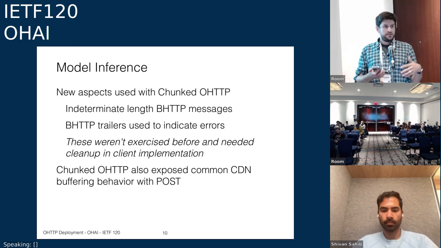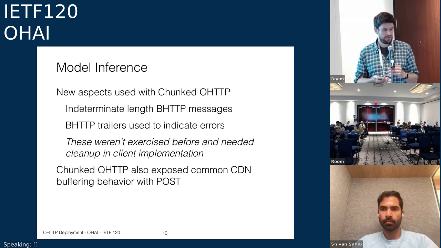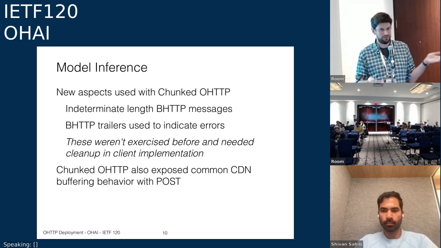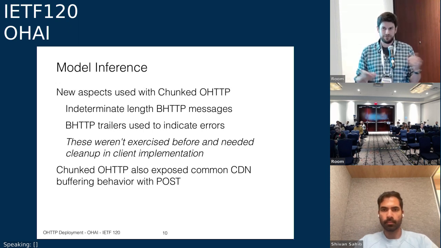So this one is more different. It uses chunked OHTTP, and that has new features that come along with it. In this case, previously we had been doing the other features, and we didn't have to implement things like indeterminate length binary HTTP. We didn't have to have binary HTTP trailer support, because if you're doing single messages that cannot be decrypted partially, there's no value for trailer fields, since you have your header fields always in the same bucket.